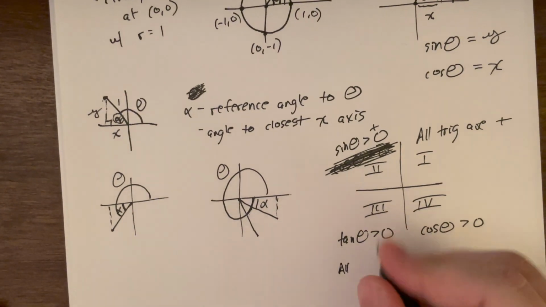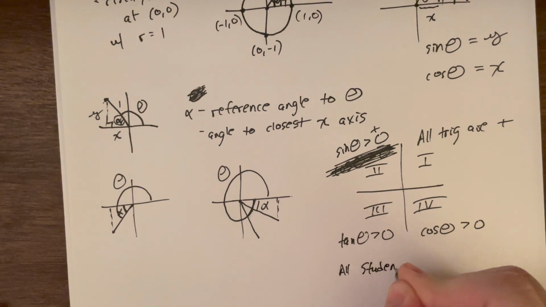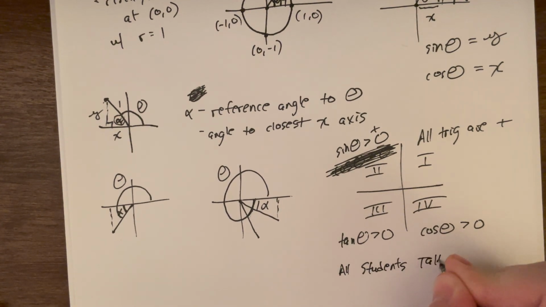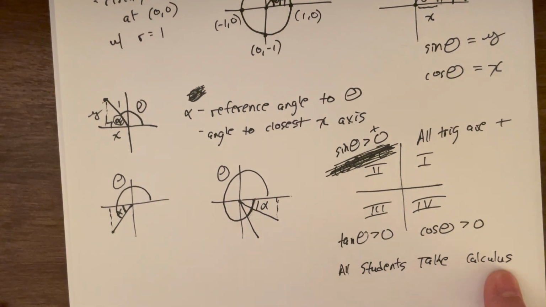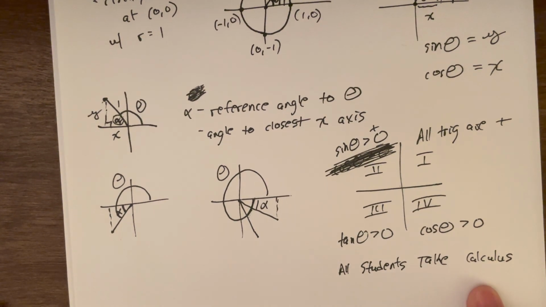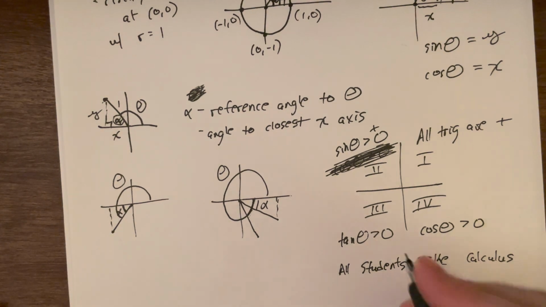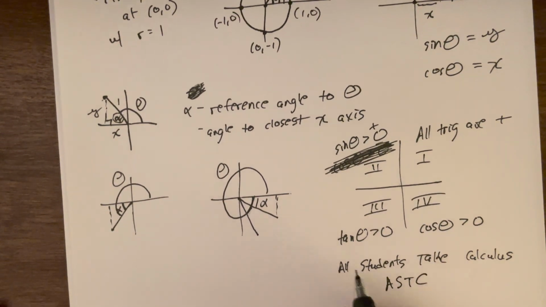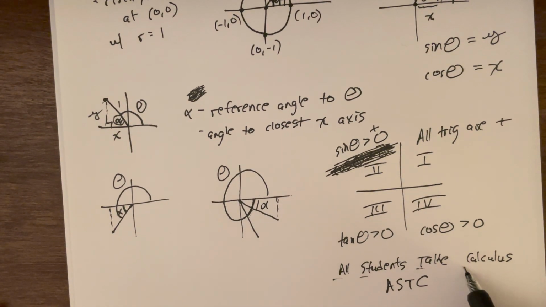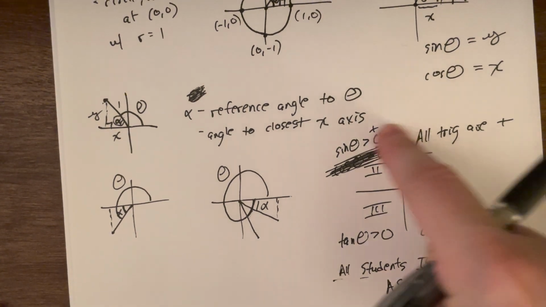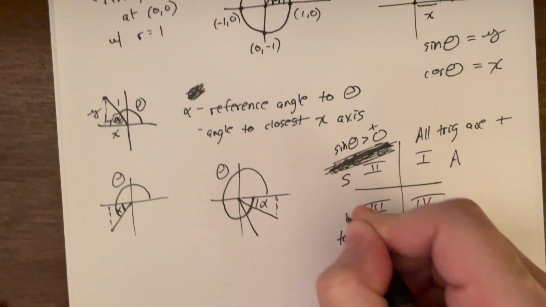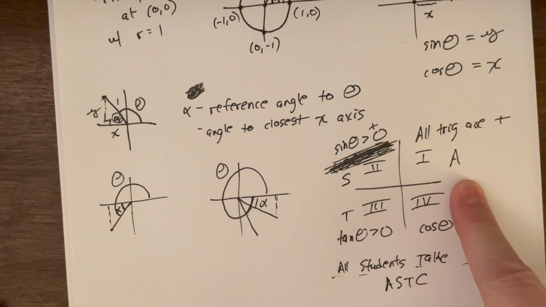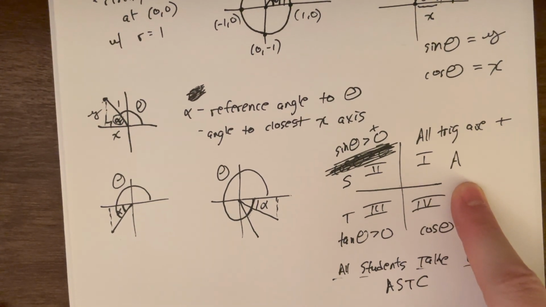All students take calculus. Some substitute chemistry instead of calculus. But what that's supposed to bring us to is the letters A, S, T, C. And if you go around starting in quadrant 1 and go A, S, T, C, how is that supposed to help you?